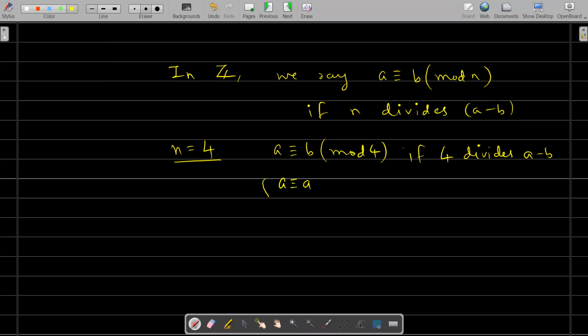And then we know that A is always congruent to itself. That is called reflexivity. So we say congruence is a reflexive relation. If A is congruent to B mod 4, then that implies B is also congruent to A mod 4.